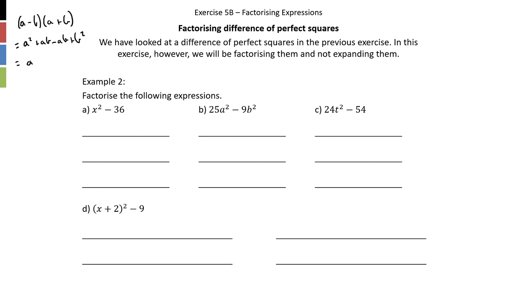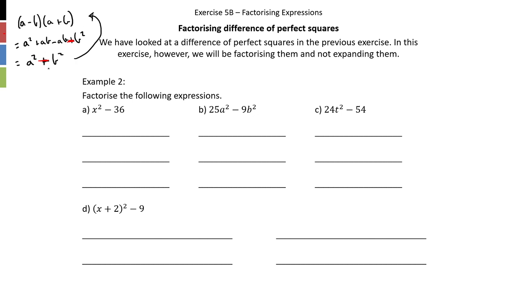That then gives us a squared minus b squared. So we started with the factorised form, then we expanded, and we ended up with our expanded form. We're going to go in reverse now. So we'll be factorising instead of expanding.